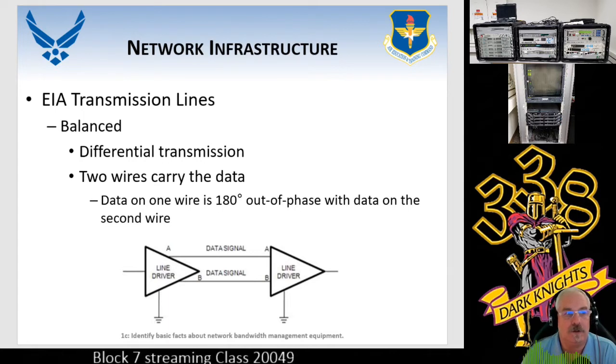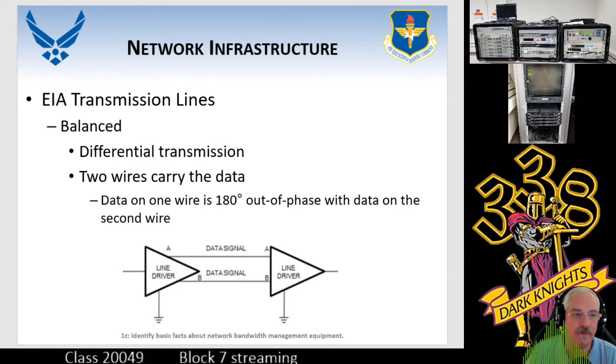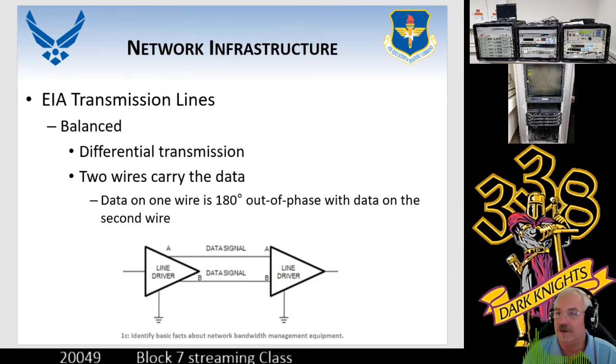When we look at the twisted pairs, though, when they send the information down on the two lines, one of them is 180 degrees out of phase from the other one. So if you take a look at this driver on Alpha and Bravo, off to the left here, what they do is they separate the line out, put one signal on the Alpha line, and the Bravo line is 180 degrees out of phase from Alpha.